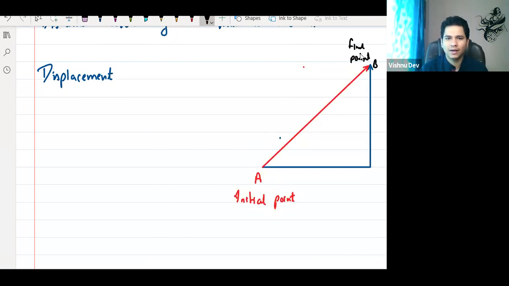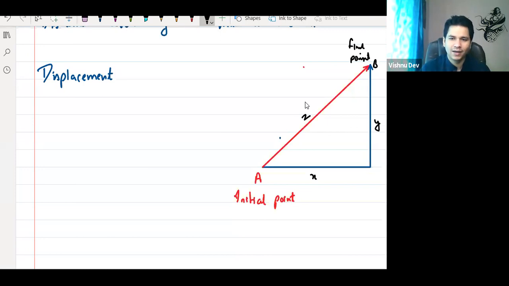I have already done this problem. Suppose this length is X, this length is Y, this length is Z. I'm not asking you to find it, I'm just asking you a problem.